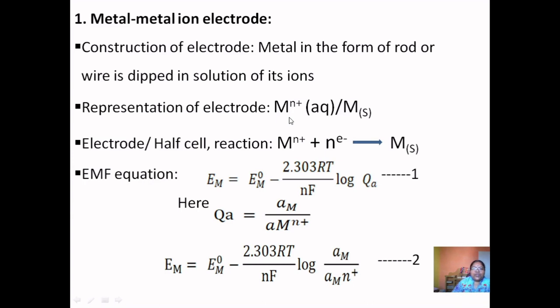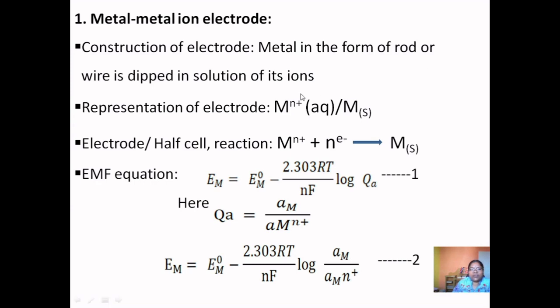So when we have to represent the electrode, the convention which we are going to fix here is the reduction convention. Keep that in mind when we are representing the electrode, we are using the reduction convention. So this is the representation: M^n+, that means metal ion. It is in the form of a solution, so in bracket we have written aqueous.